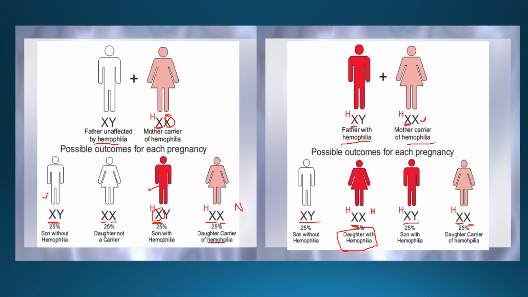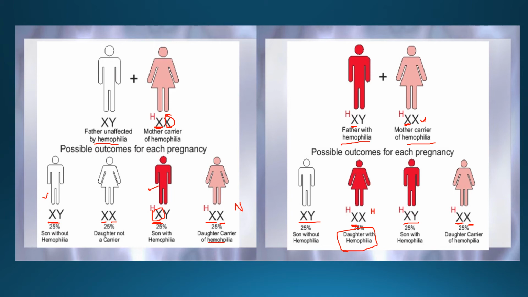So here in total in this pedigree, how is the disease inherited? If we consider only males, then we say 50%. Out of 4 offspring, we can say 25%.